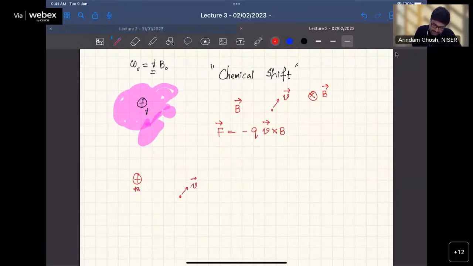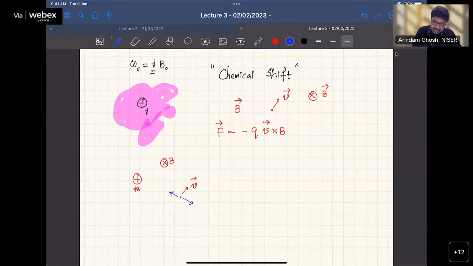And B is already in this direction, and therefore V cross B is in this direction. However, because it is negative, it is going to be in this direction, minus Q V cross B. So immediately it is going to have a force like this.